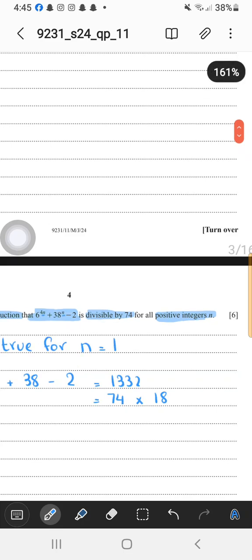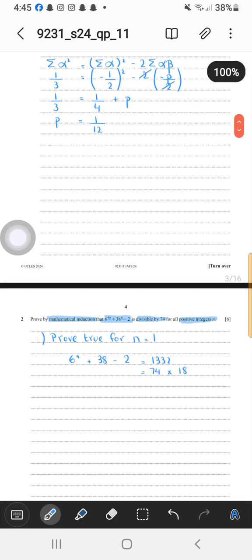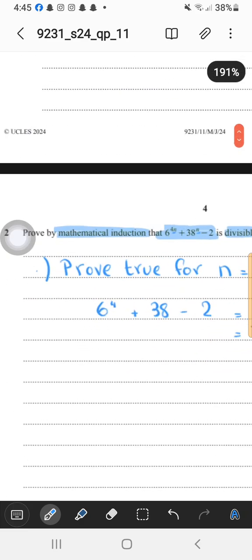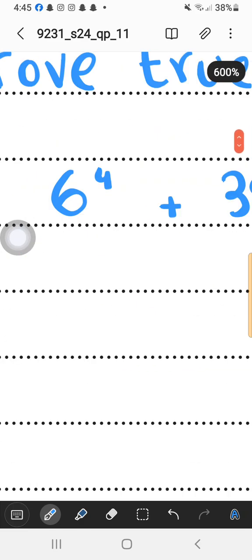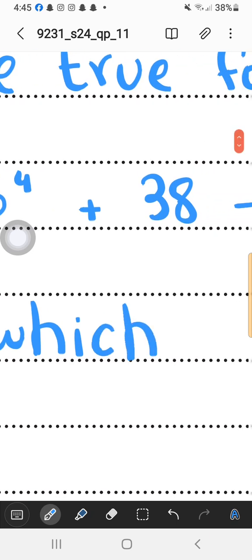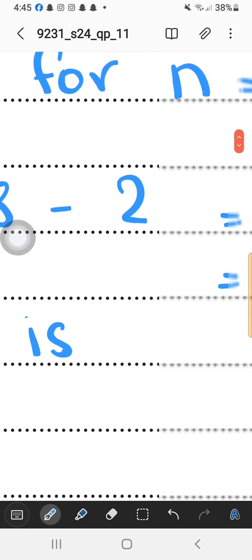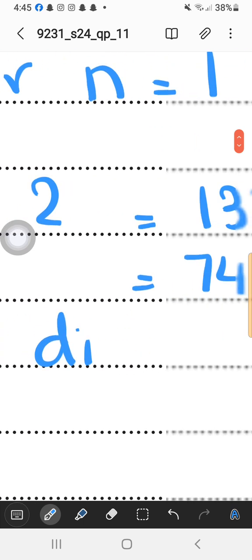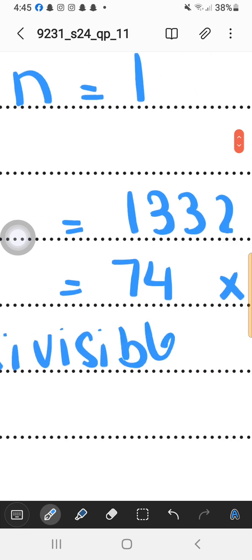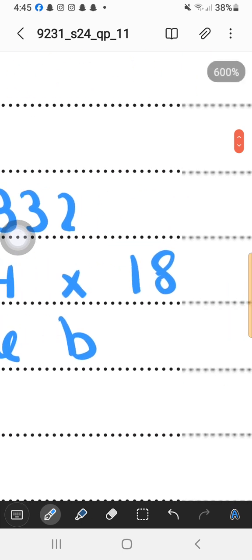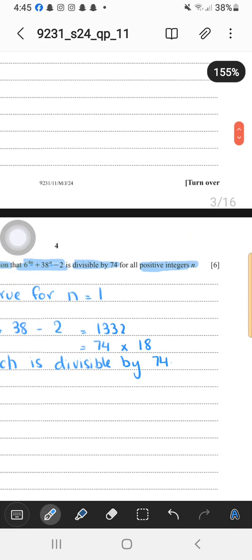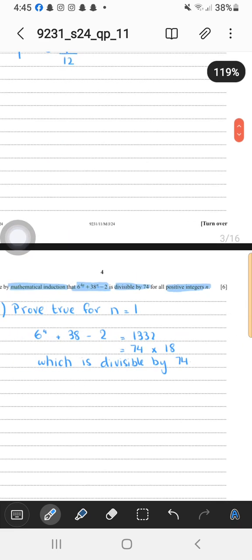So it is divisible by 74, and we can write here which is divisible by 74.